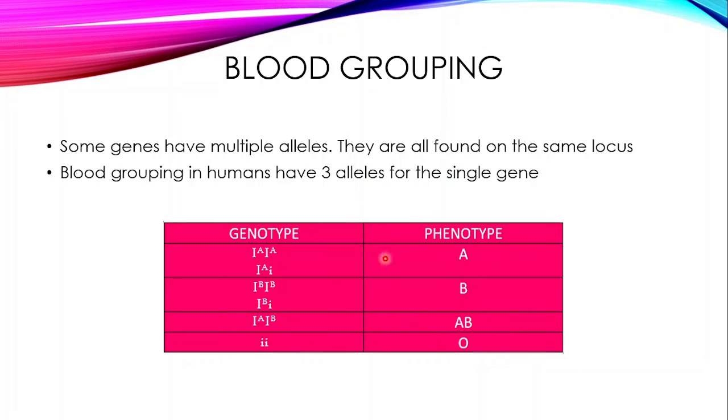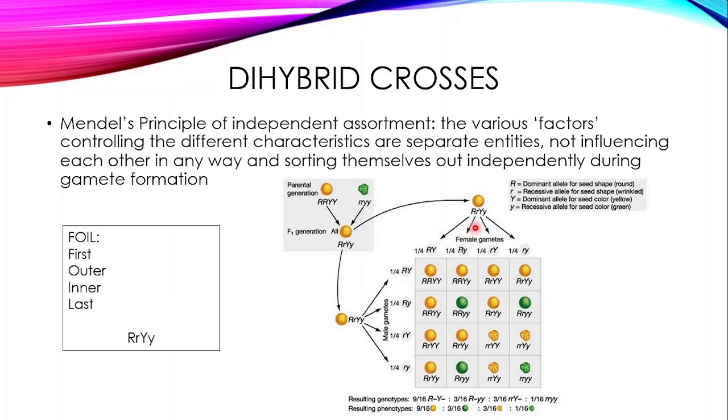And this is complete dominance. And then this is also complete dominance because we see the recessive small i, and that gives us O. So for one gene, which is the blood group, we have 3 different alleles in different combinations, which give us these. Okay. Then we get to dihybrid crosses.